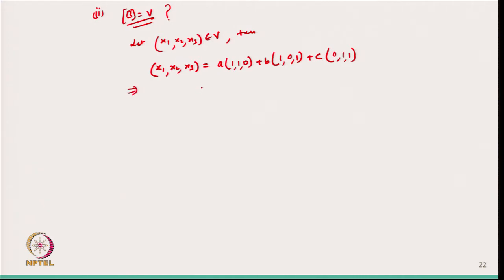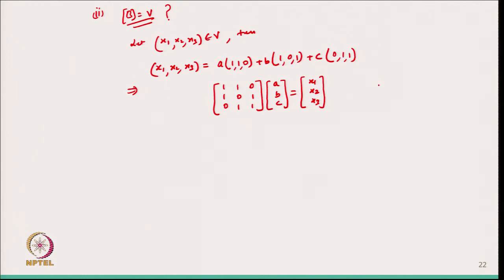From here you get the matrix with rows 1 1 0, 1 0 1, 0 1 1, multiplied by a b c, equal to x1 x2 x3.